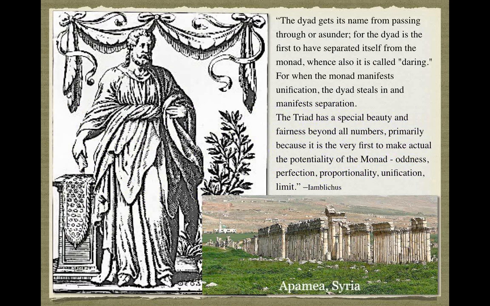The triad has a special beauty and fairness beyond all numbers, primarily because it is the very first to make actual the potentiality of the monad. Oddness, perfection, proportionality, unification, limit. Yeah, he's given us a whole process there of how things manifest, and very strong, practical numerology.